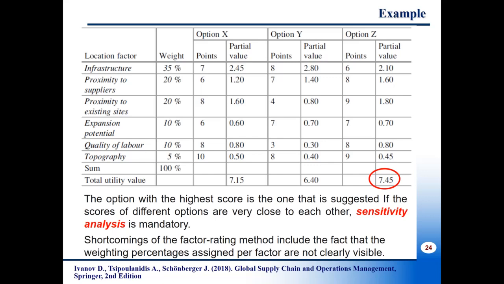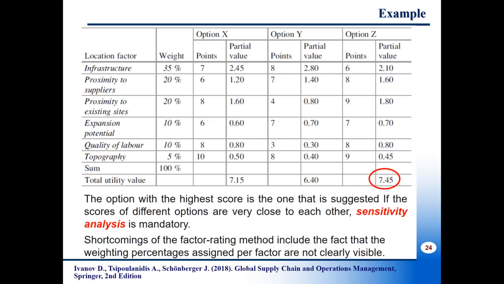And in terms of expansion potential, because the location where Z will be built is very popular, the previous evaluation of the experts is no longer valid, and we have to degrade the expansion potential from 7 to 4. Is Z still the most favorable option?